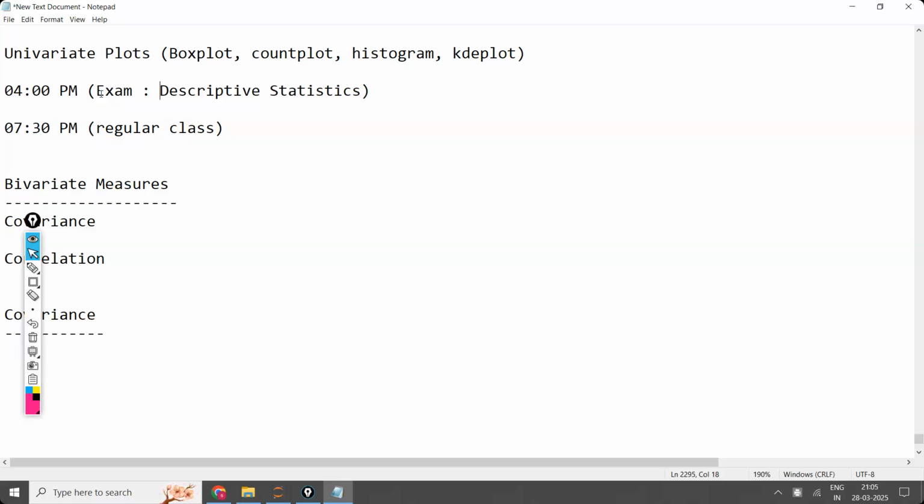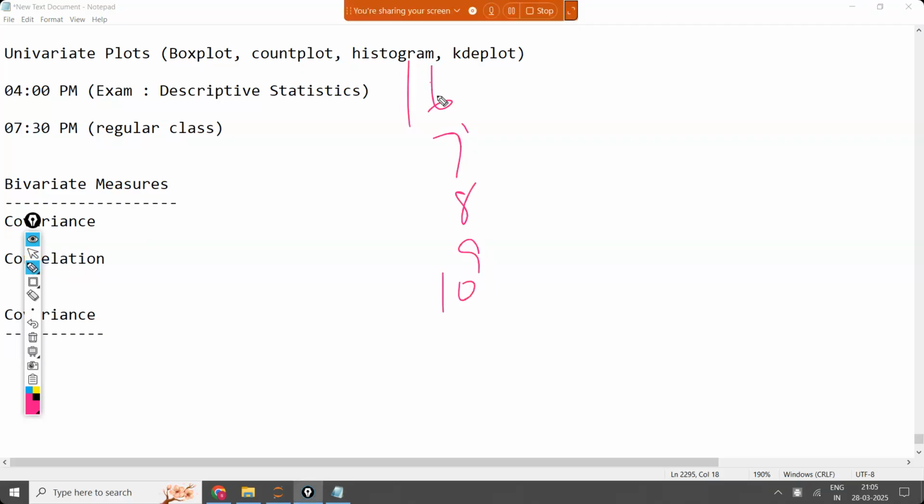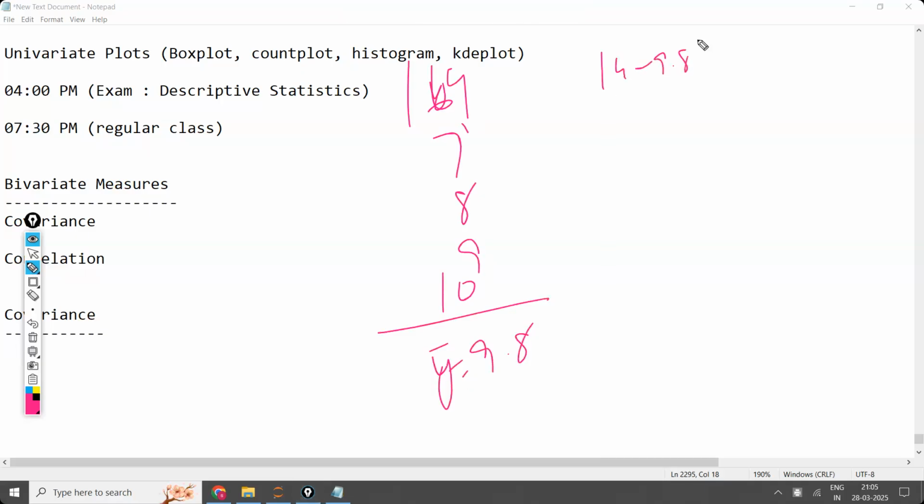See, earlier I took 16, 7, 8, 9, 10. Instead of 16, if I take 14, what happens? Instead of getting 10 as the average value, you'll get 9.8. Then 14 minus 9.8, you'll get 4.2, and its whole square will take time.